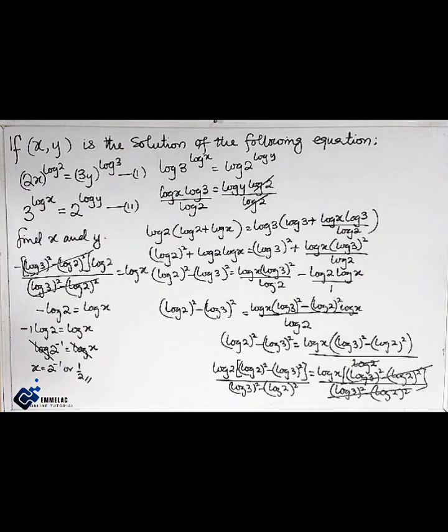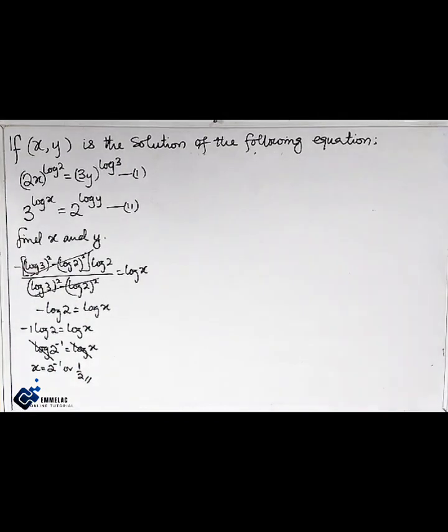Now to this end, if x equals 2 raised to the power of minus 1, or half, then what will be the value of y? So we have x that equals half.